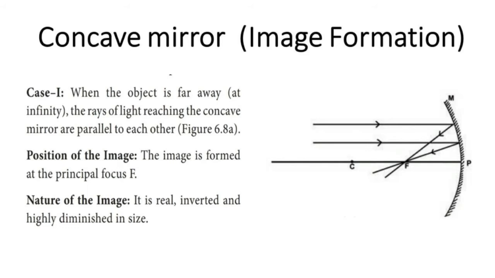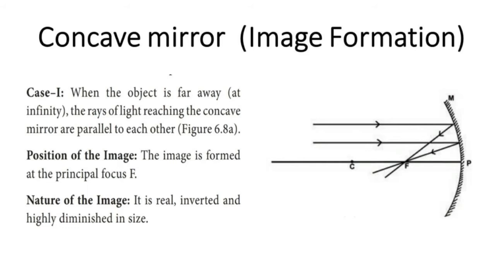Now let's learn image formation by a concave mirror. We shall now find the position, size and nature of the image by drawing the ray diagram for a small linear object placed on the principal axis of a concave mirror at different positions. Case 1.